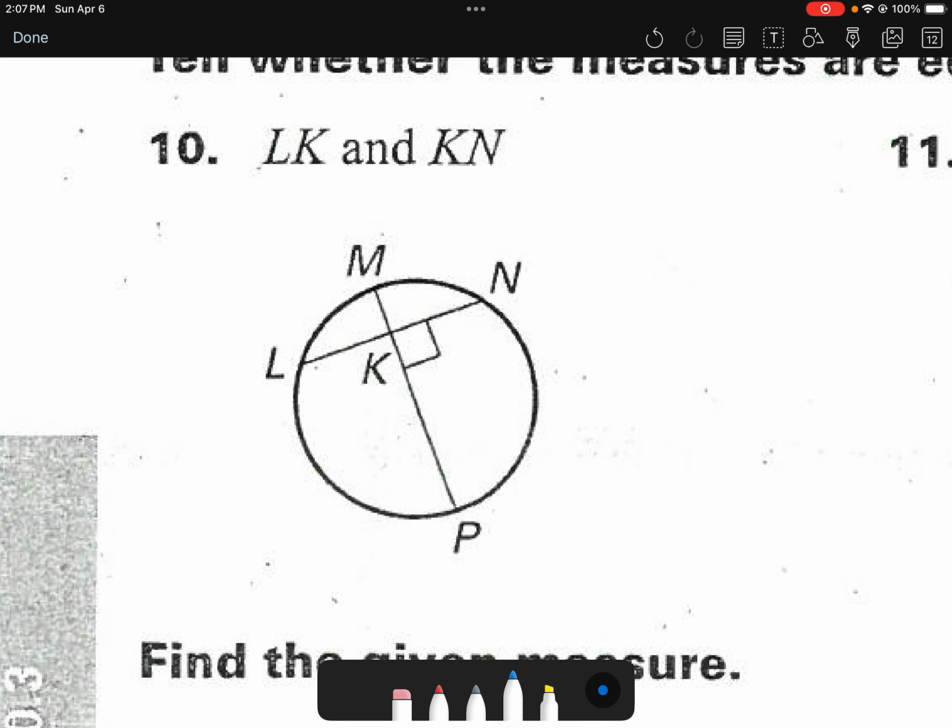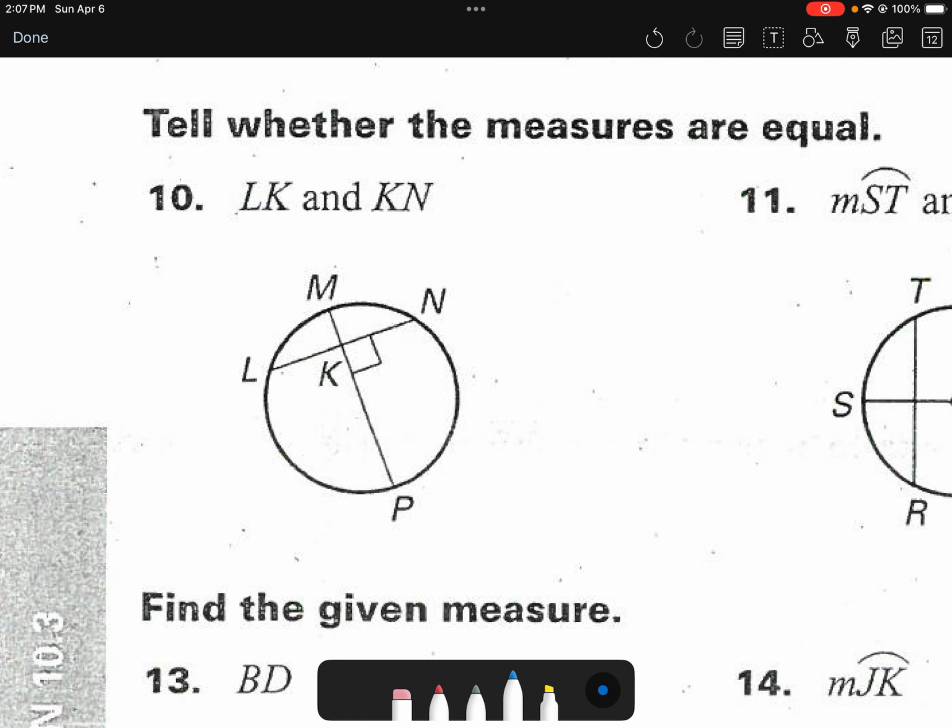Number 10, segment LK and segment KN, are those two measures the same? You can't tell. Now, if that was a diameter, things would be different, but it's not a diameter necessarily.